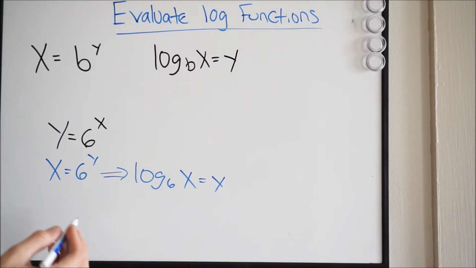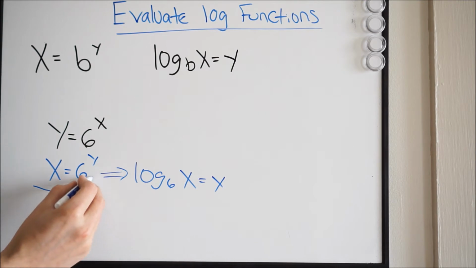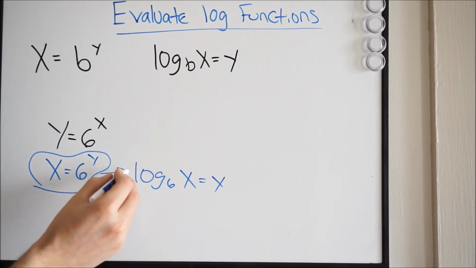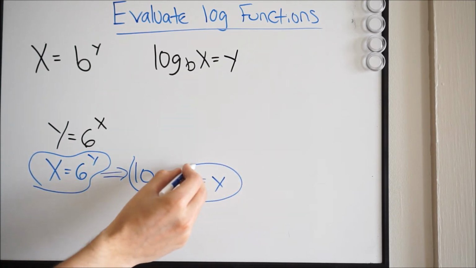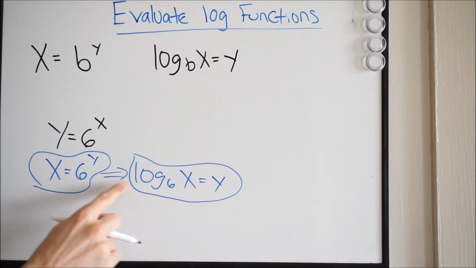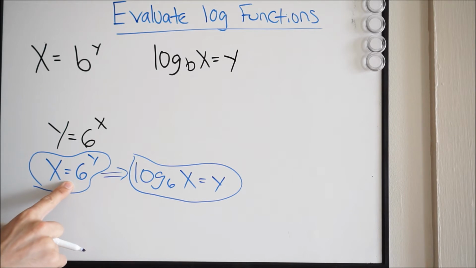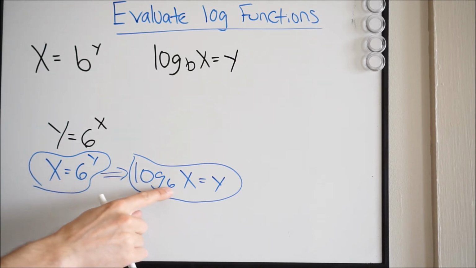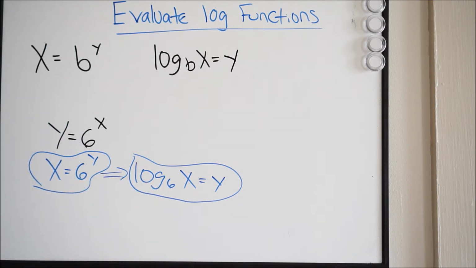And just to confirm, if you were to graph this one and graph this one, they are going to be exactly the same. These two are exactly the same. That's very important to understand. They're simply written in a different format. Very important concept to understand.